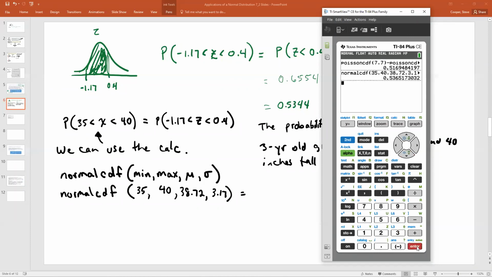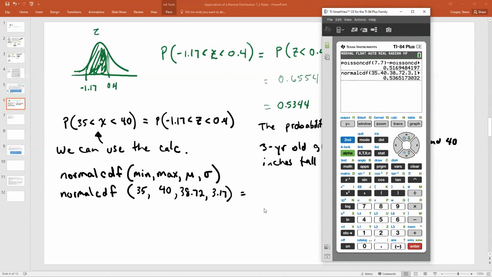Okay, so it's all populated, and it comes in at 0.53651. Why is that different, do you suppose, than the answer we got using the table? That's the exact answer rather than the estimation. Yeah, the table is finite, right?